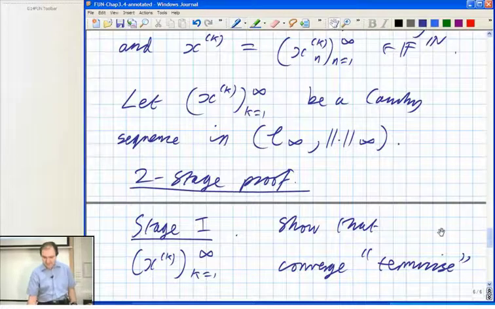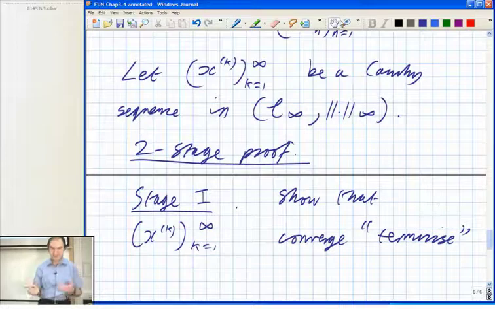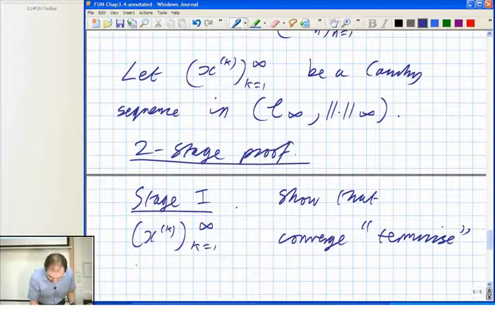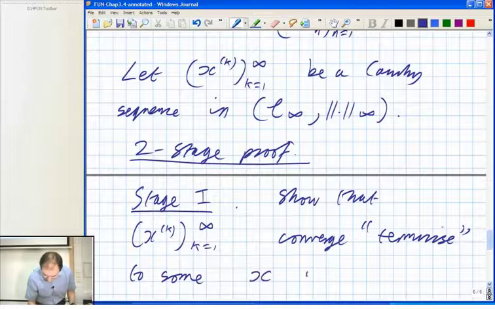I'll explain what I mean by that in a minute. So they could converge term by term, or component by component, to some x in F to the N.